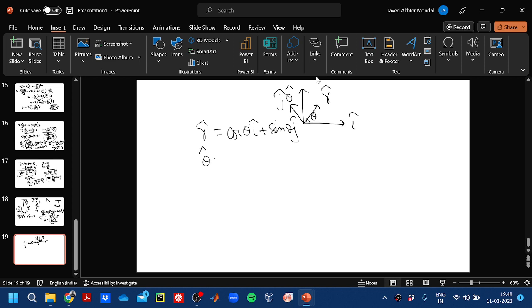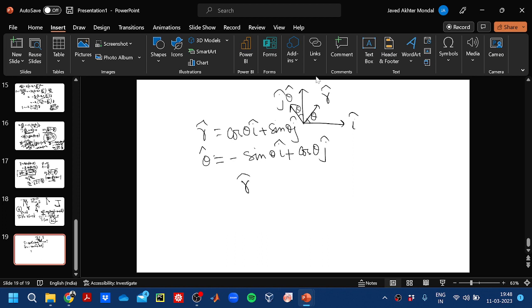If this is theta, then this will also be theta. So theta cap we can write as minus sine theta i cap. This is its projection along the x-axis, and along the y-axis we can write this as cosine theta j cap.